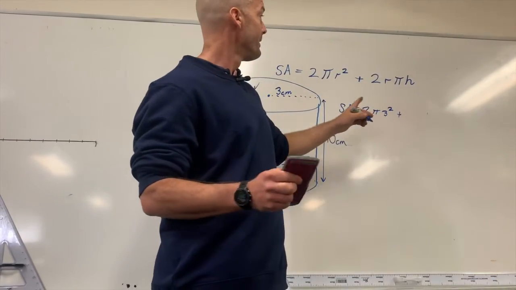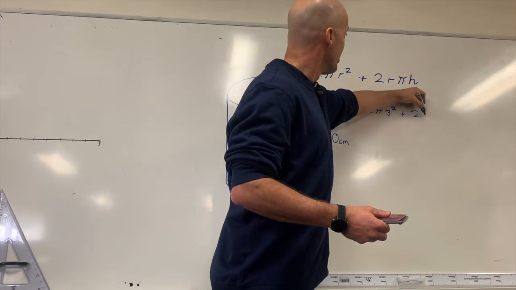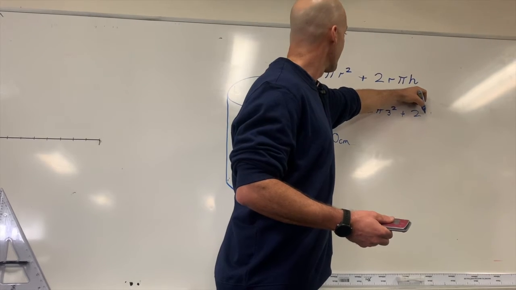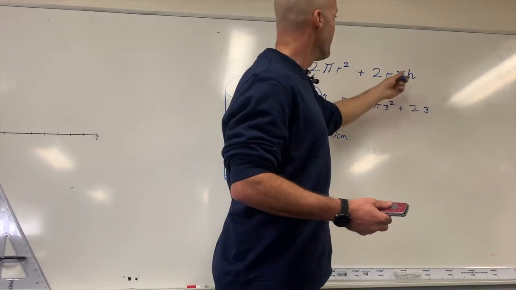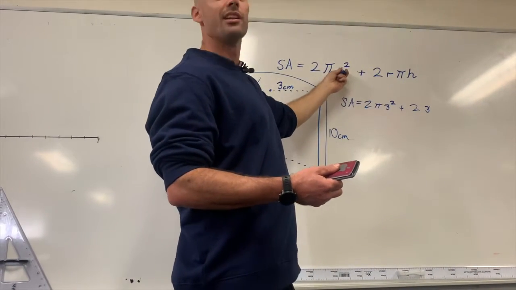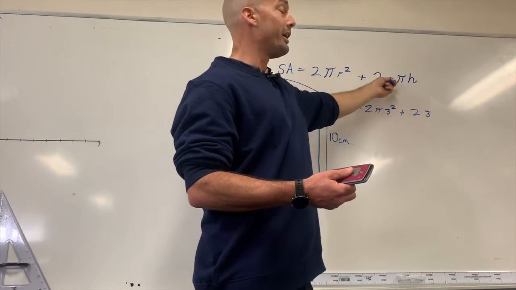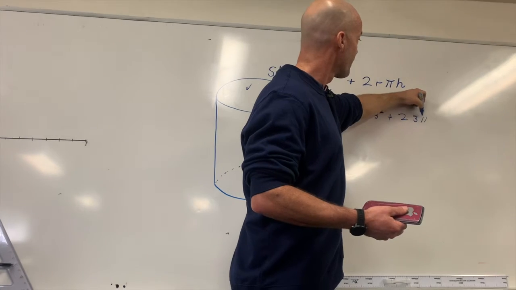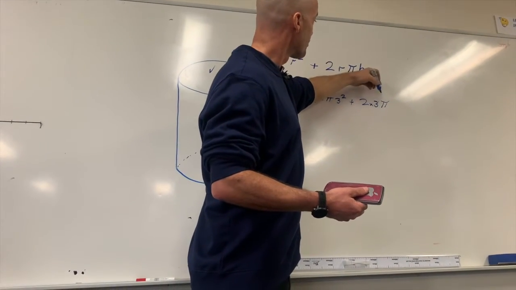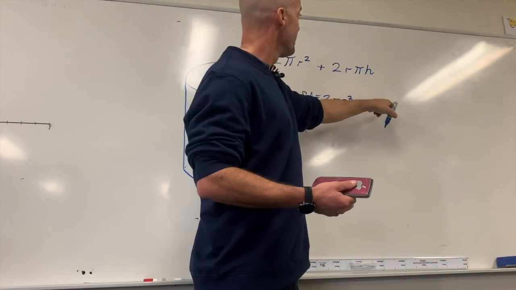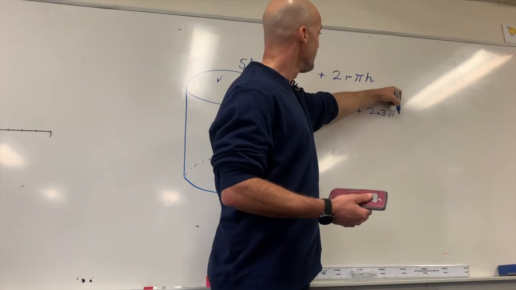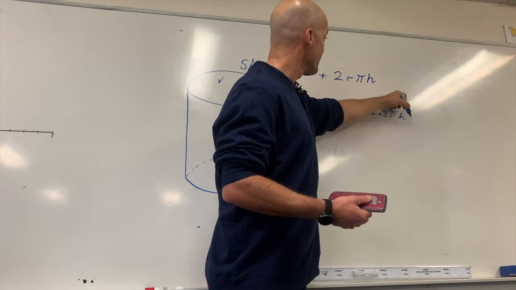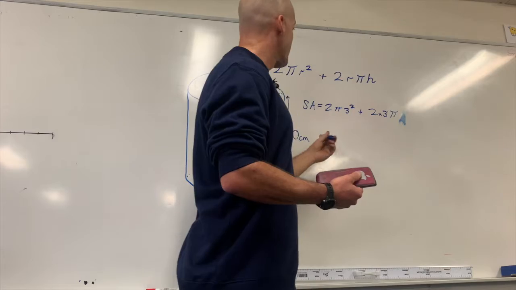So continuing on, 2 times the radius, which is 3. Remember not to square. We square this one, we do not square this one. Times pi. Let's put times there so you don't think it's 23. And then times the height, which we know now is 10.